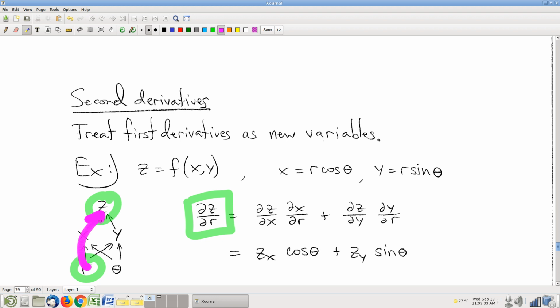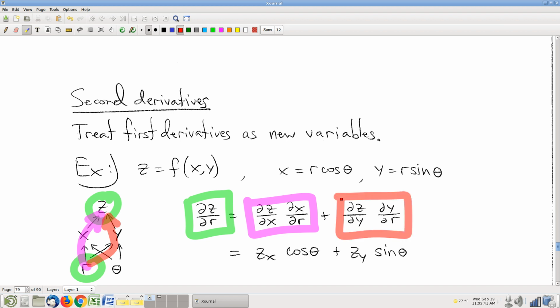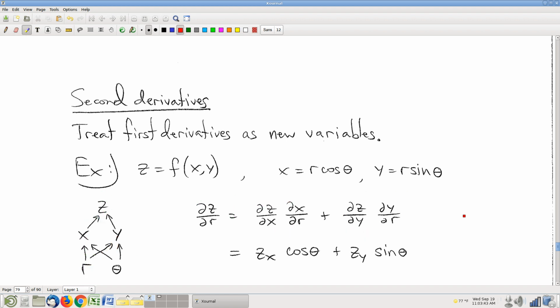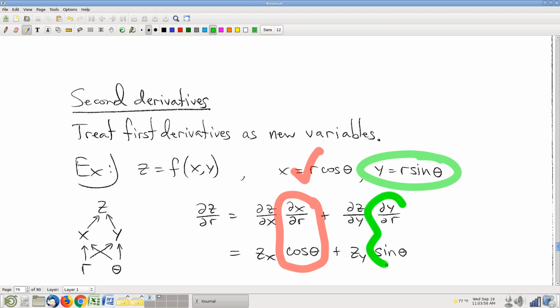There's the propagation through the variable x, also through the variable y, that gives us these two terms. Notice some of these partial derivatives are easy to compute, right? x is a function of r and theta. There it is. So that's easy, right? y is a function of r and theta. There that is. So that's easy.